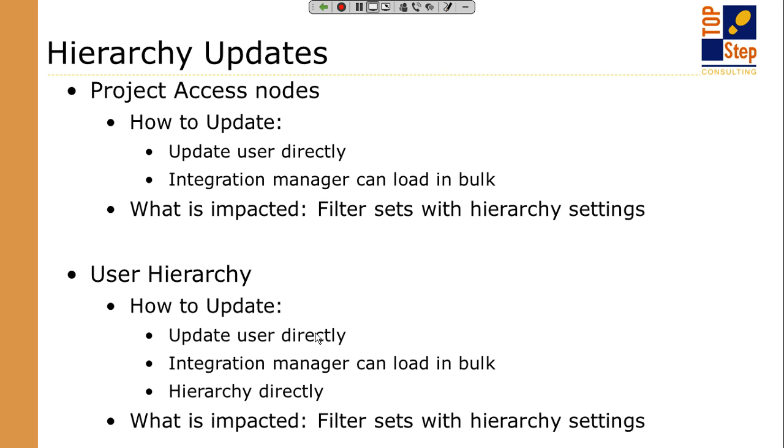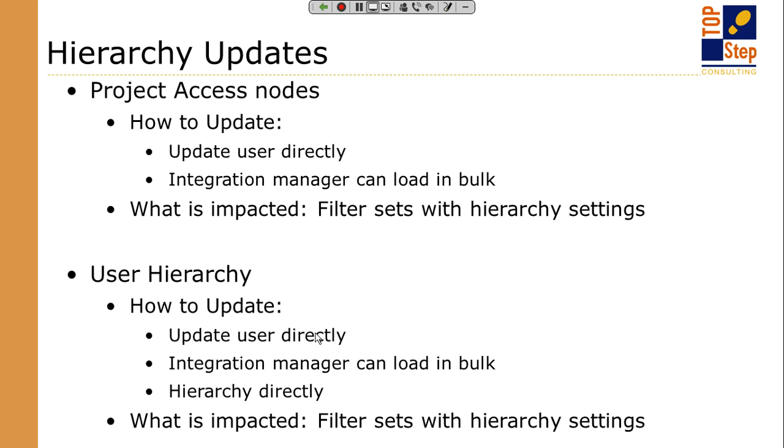So I'm part of the U.S. organization. I'm allowed to see everyone in the U.S. organization. Again, leveraging something called a filter set, leveraging a functionality called hierarchy, my own hierarchy. And in this case, this is actually something that you can update directly in the hierarchy itself. So this is one of those direct feature update potentials.